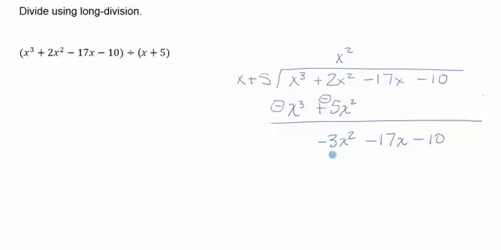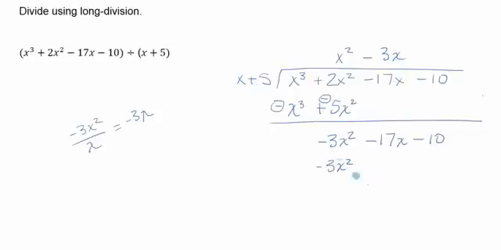You just continue that. So the first part divided by the first part. Negative 3x squared divided by x. So you're thinking over here, negative 3x squared divided by x. That's going to be a negative 3x. So that goes in our x column, a negative 3x. Then we take that, negative 3x, multiply it down and put it here. So negative 3x times x is a negative 3x squared.